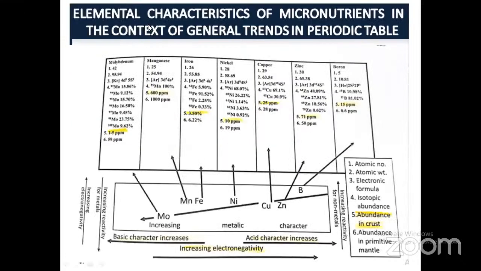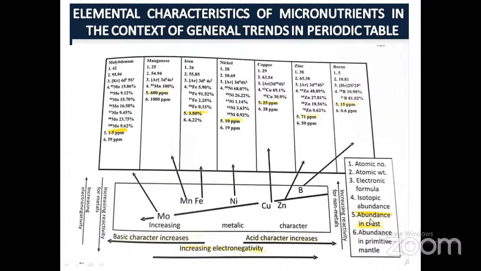Now you see the elemental characteristics of micronutrients in the context of general trends in the periodic table. The atomic number of molybdenum is 42, manganese 25, iron 26, nickel 28, copper 29, zinc 30, boron 5. You need not remember all the information about these elements, but you should know the atomic number plus their abundance in the earth crust.